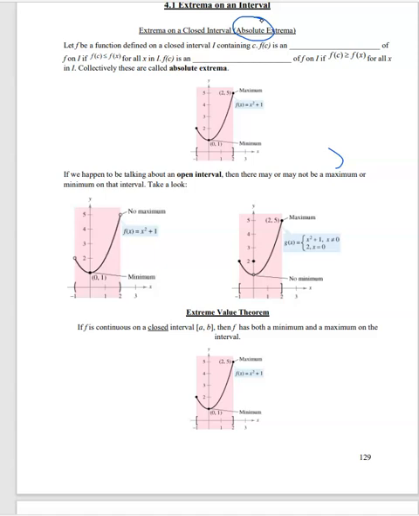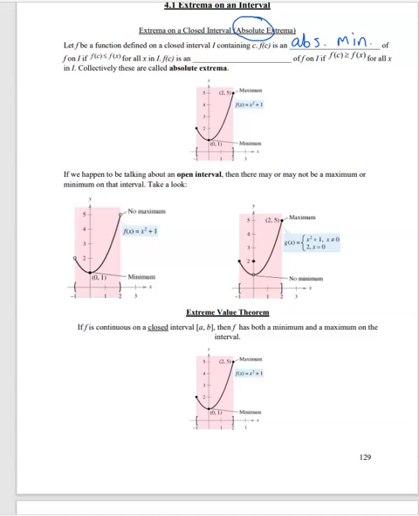Let f be a function defined on a closed interval I containing c. Then f(c) is an absolute minimum of f in that interval if f(c) is less than or equal to every other f(x) value in that interval. In other words, as long as f(c) is the smallest value in that interval, it's considered an absolute minimum.